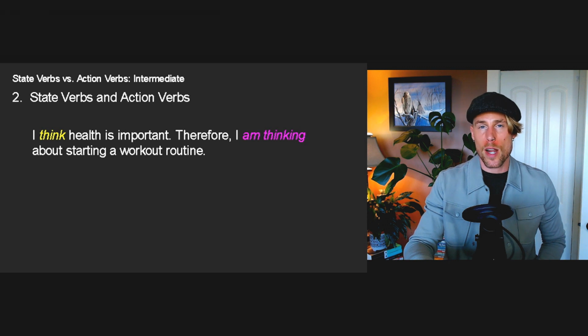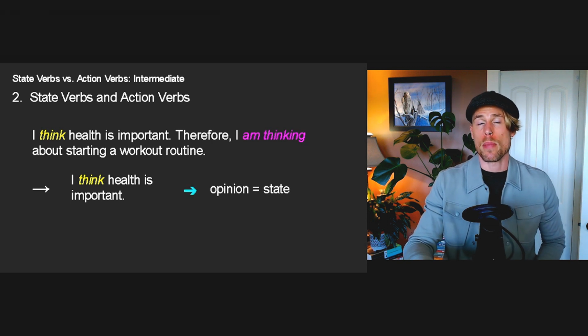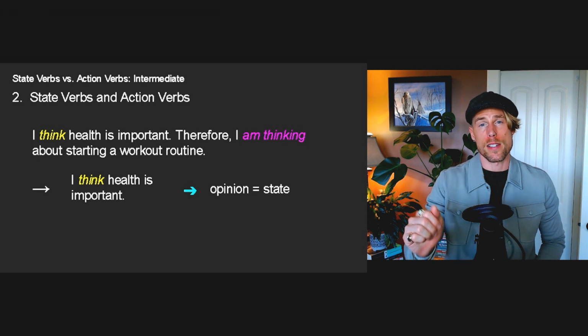And what is the grammar tense in the second sentence, in purple? So I think health is important is an opinion. This is a general opinion about health. This is a state verb, and it is present simple.